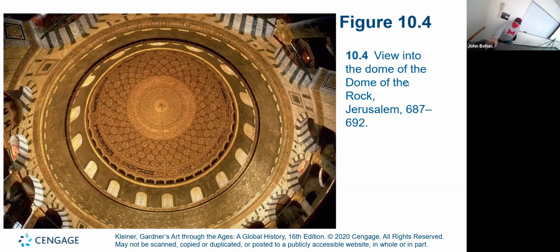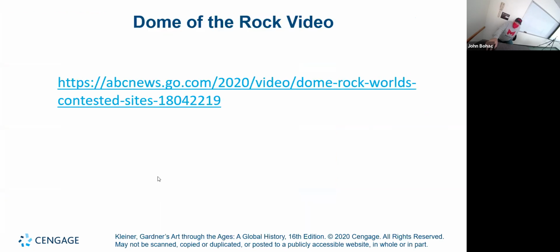And so this is the inside of the Dome of the Rock in Jerusalem. And this is the first Muslim holy place. And you can see here, this is kind of interesting photography, how you can see the insides of the arches.